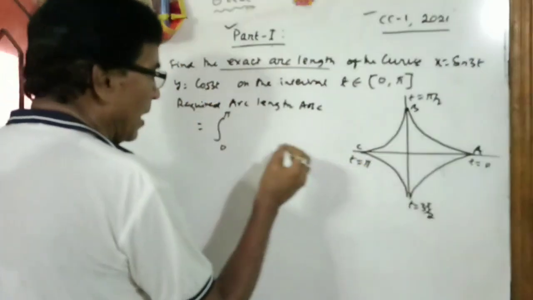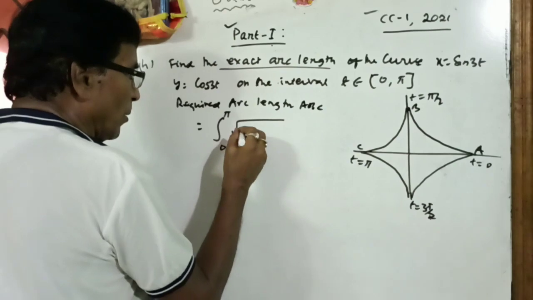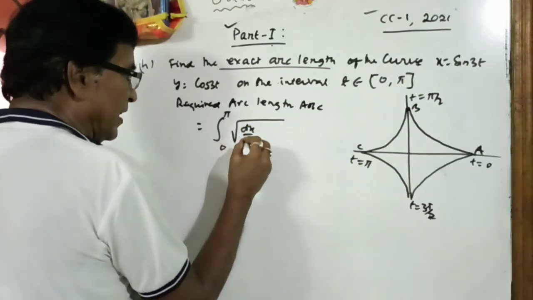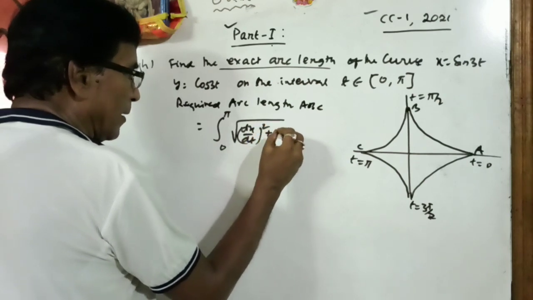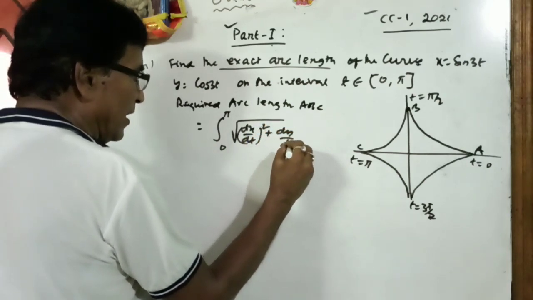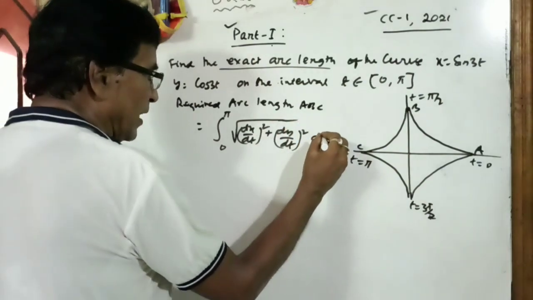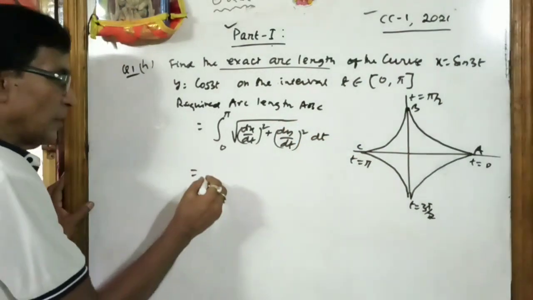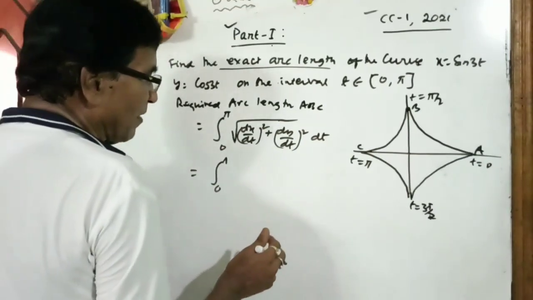The arc length is given by the formula: root over of (dx by dt) whole square plus (dy by dt) whole square, with respect to t. Now it is from 0 to pi.